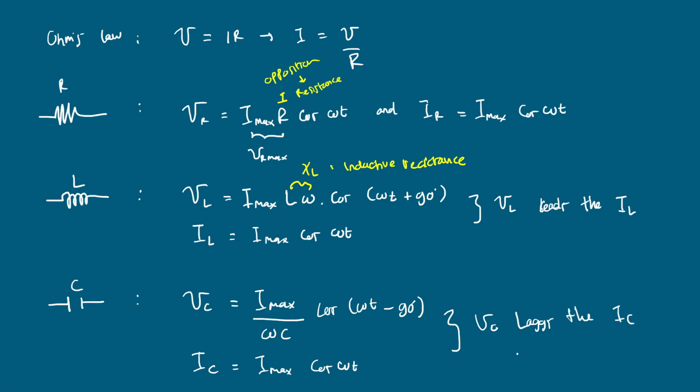It is the reverse of the inductor, because in an inductor VL leads the IL, but in a capacitor VC lags the IC. Then let's spotlight the opposition part of this equation.